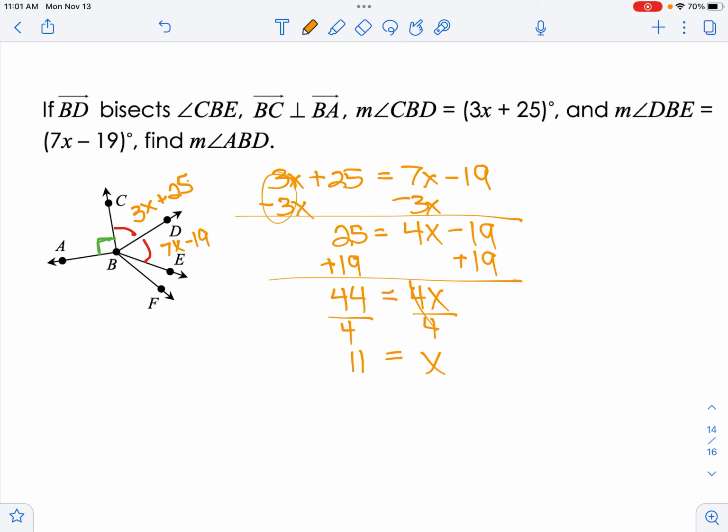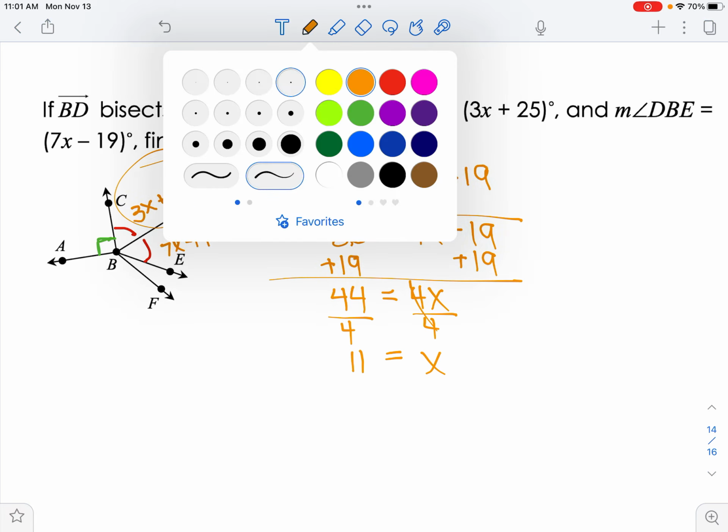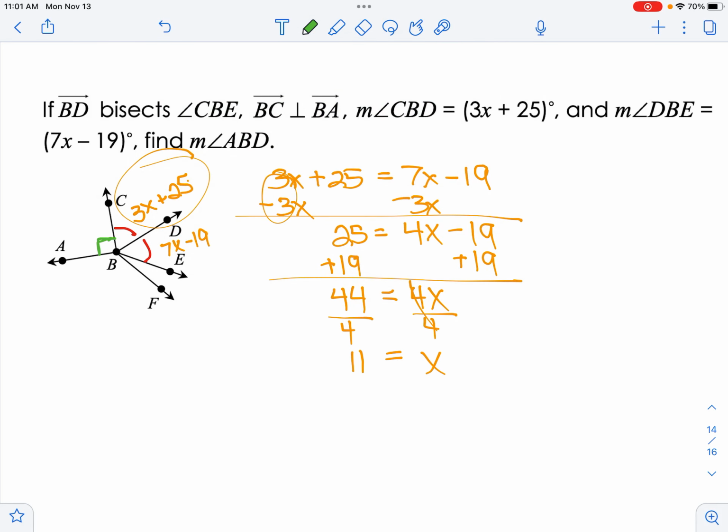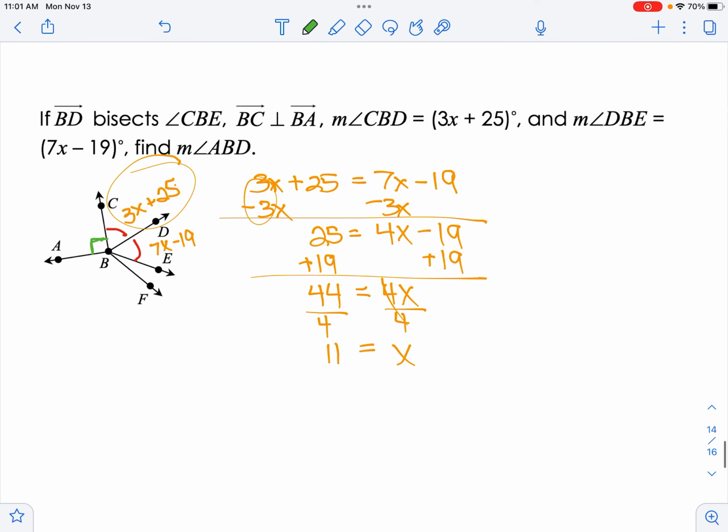So if we do that, let's just do 3x plus 25. So I'm going to, let's see. We'll go over here. So 3 times 11 plus 25. So that's 33 plus 25, which is 58.